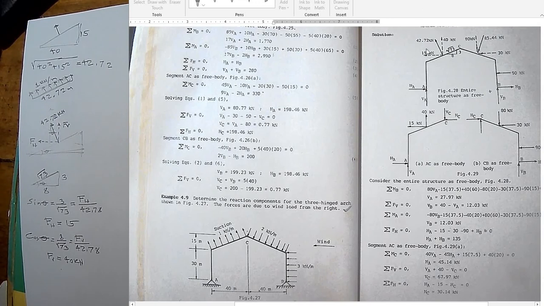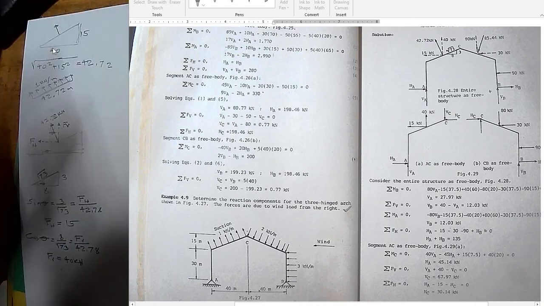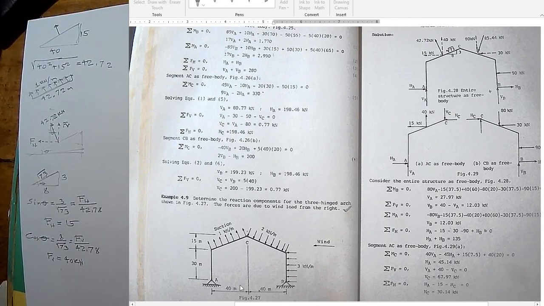So let's look at this concentrated load na 42.72. Yan ay yung equivalent concentrated load nitong suction. Okay, so kunin natin yung length nitong member na yan. So taken from the right triangle, ito siya. So this is 40, yung length na yan.